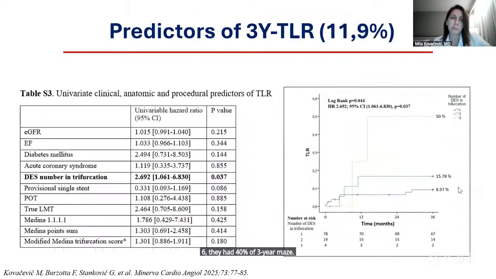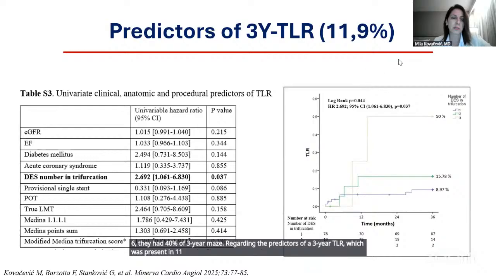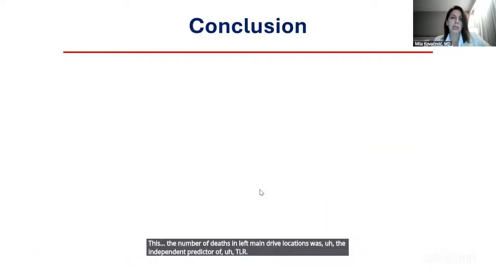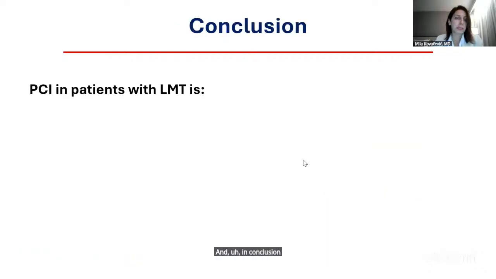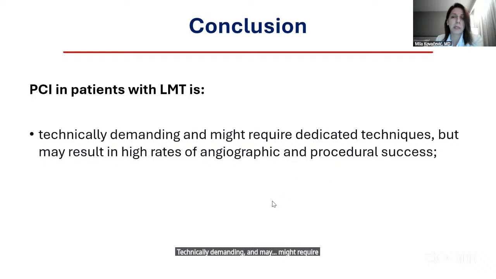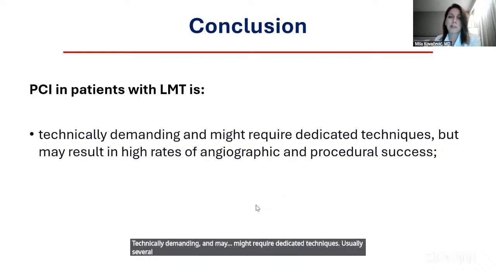Regarding the predictors of 3-year TLR, which was present in 11 to 12% of patients, the number of stents in left main trifurcations was the independent predictor of TLR. In conclusion, PCI in patients with left main trifurcation is technically demanding and might require dedicated techniques, usually several wires and a bigger guiding catheter, but may also result in high rates of angiographic and procedural success.